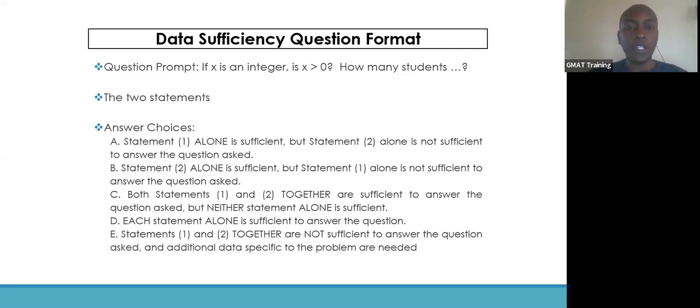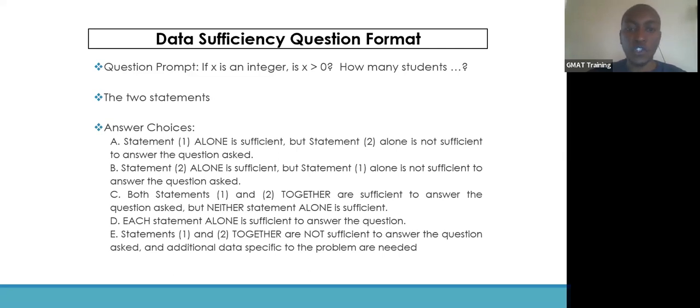I'll be looking at the answer choices now. A: statement 1 alone is sufficient, but statement 2 alone is not sufficient to answer the question asked. B: statement 2 alone is sufficient, but statement 1 alone is not sufficient.